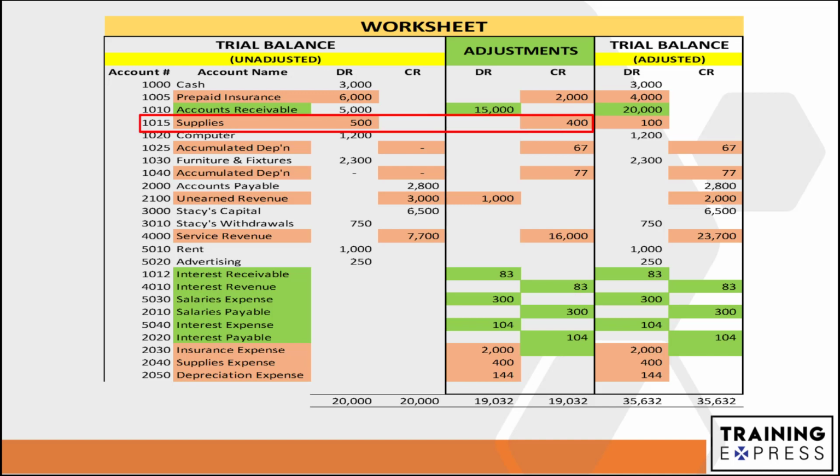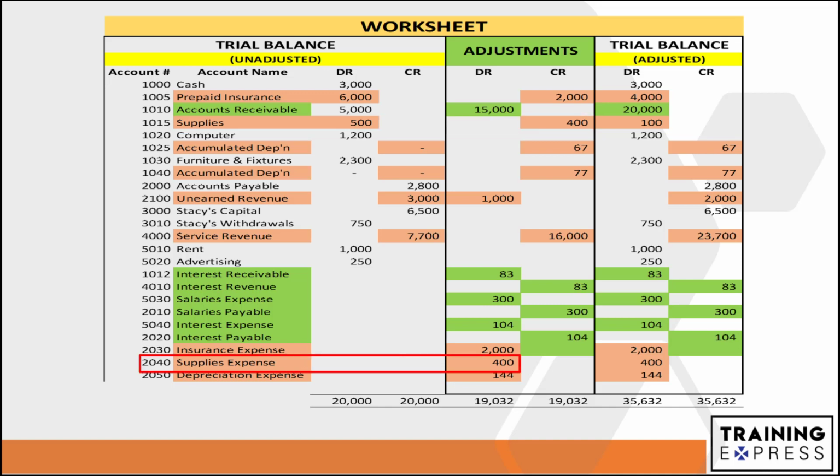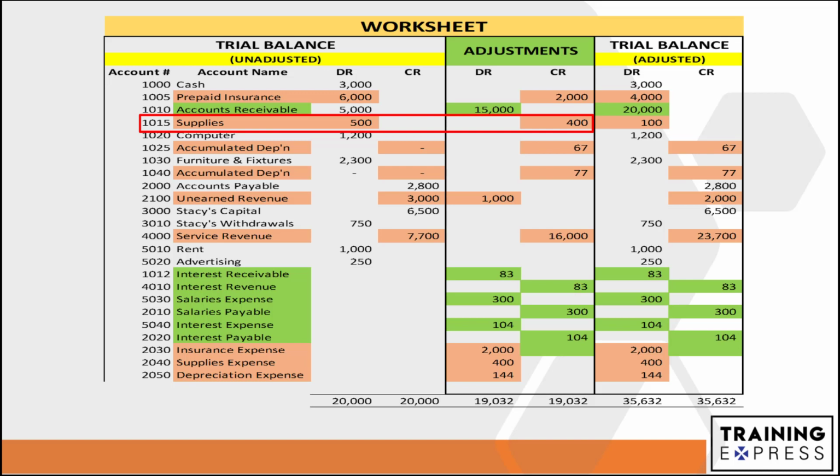So initially supplies asset was debit by $500 and then supplies expense was debit by $400 and supplies asset was credited by $400. So you can see accordingly our final balance in the trial balance will be for supplies asset $100 debit balance. And for supplies expense it will be $400 debit balance.